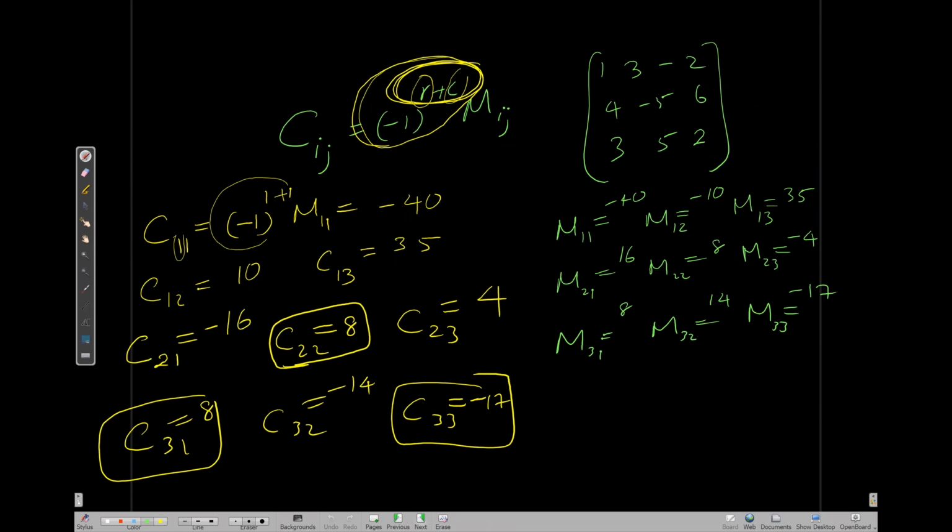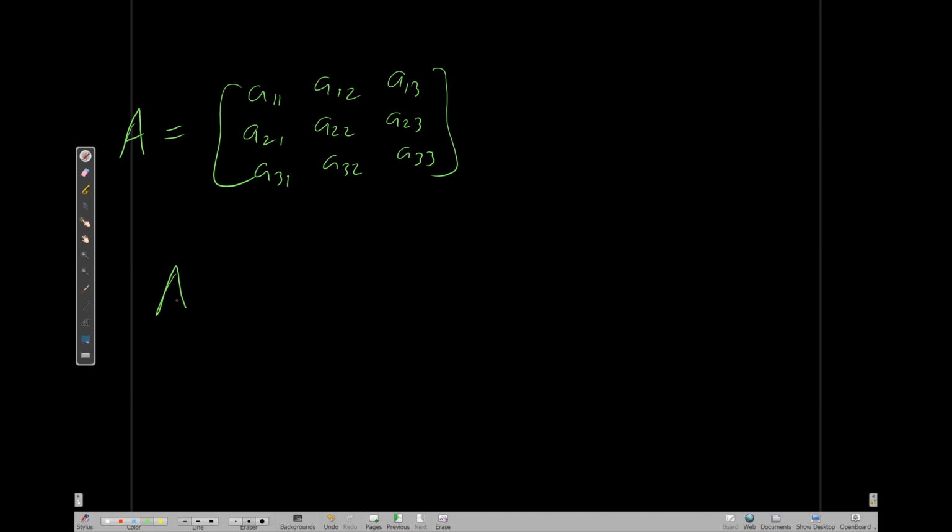So now we are in a position to write down the definition for the 3 by 3 matrix determinant. So if you have A11, A12, A13, A21, A22, A23, A31, A32, A33, let's call this matrix A. The determinant of A is given by A11 C11 plus A12 C12 plus A13 C13. Right?